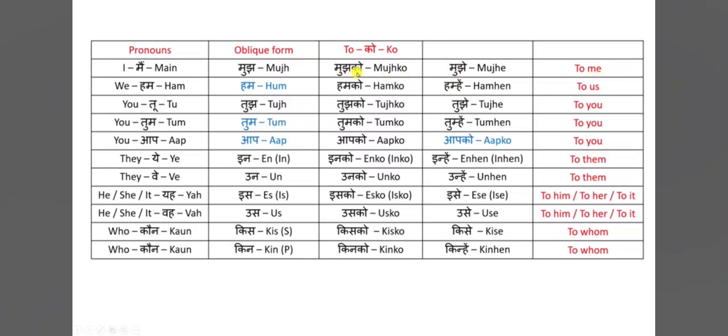You may notice that we join both words and write. Muj and ko are not separate here, unlike nouns. When we add a post position to a pronoun, we generally combine them and write. Of course, there are few exceptions which I will mention later. So here it is one word, mujhko.